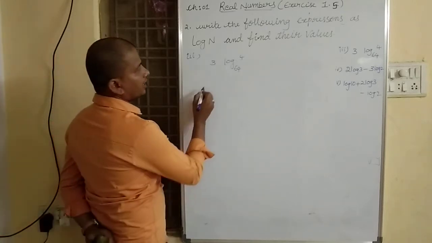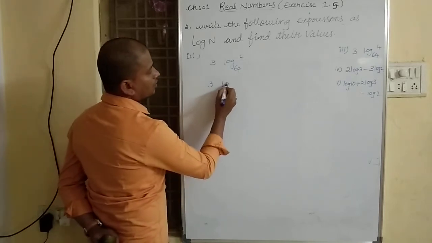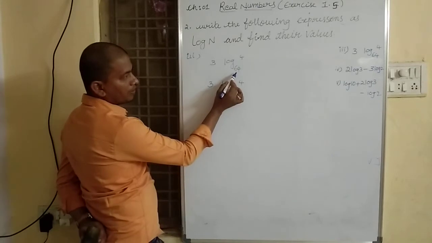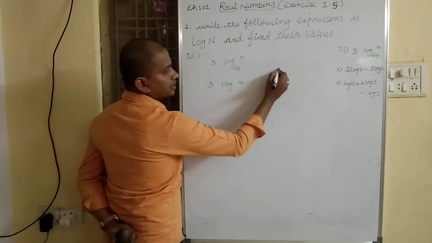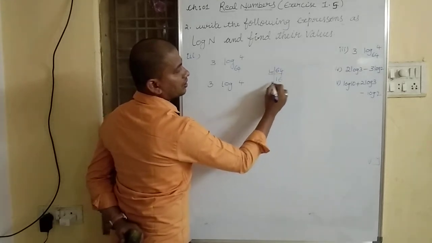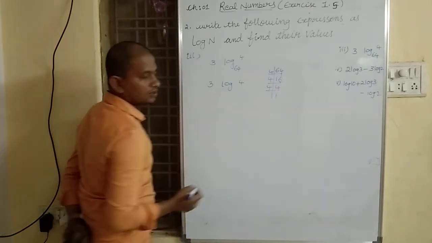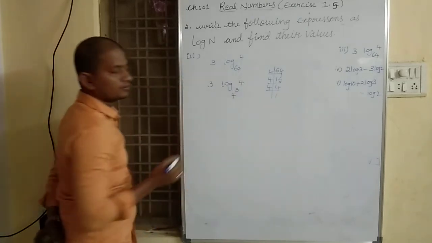I can write this as 3 into log 4. What is there in the base? In the base we have 64. 64 we can write as 4 times 4 times 4, I can write it as 4 to the power 3.